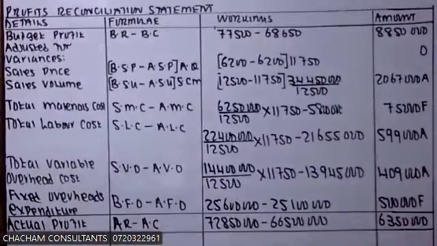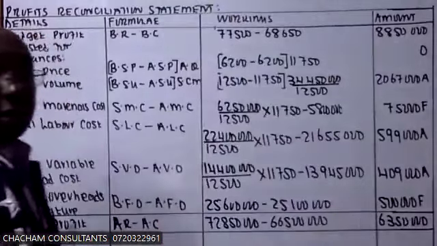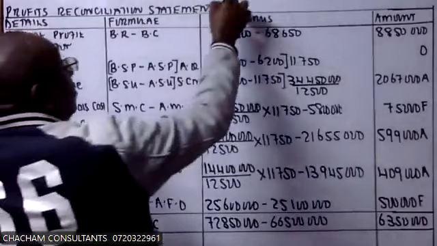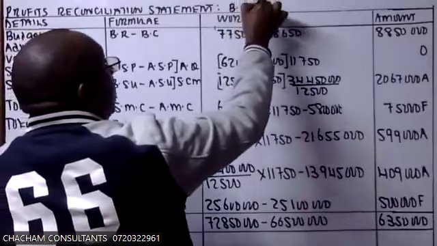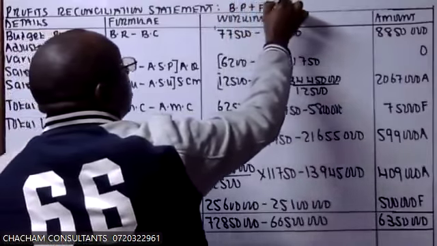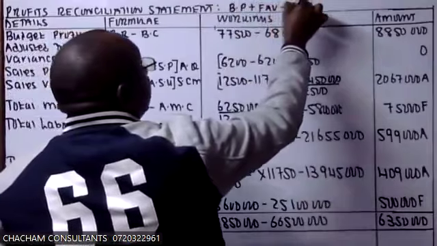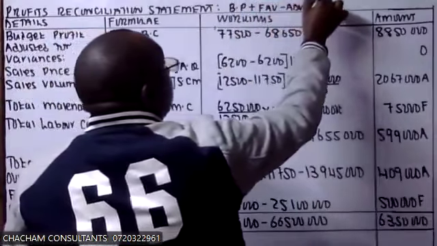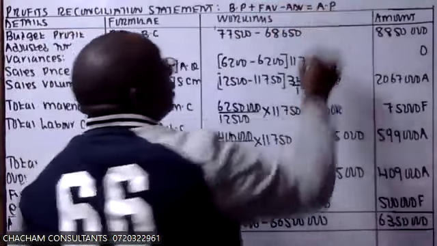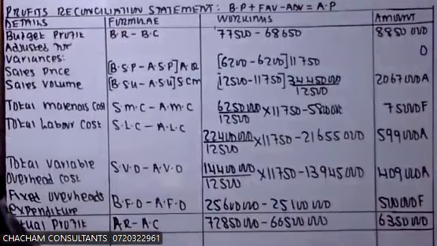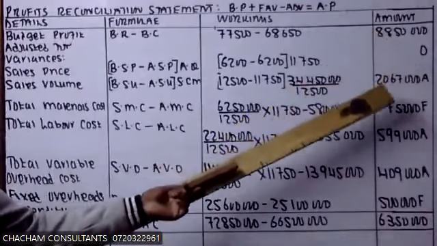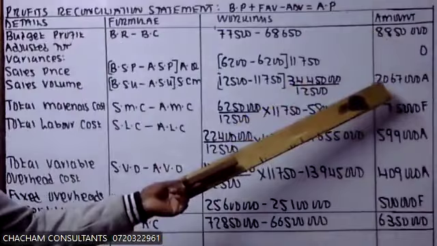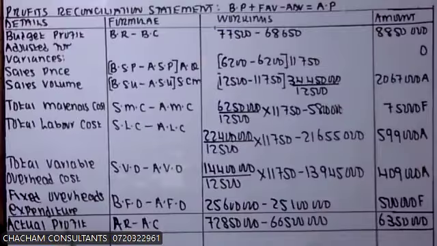And I told you how to reconcile. You get the budget profit, you add the favorables, you less the adverse, it should give you the actual profit. If the variance is favorable, you add. If the variance is adverse, you less.